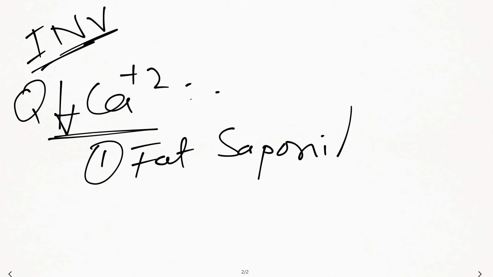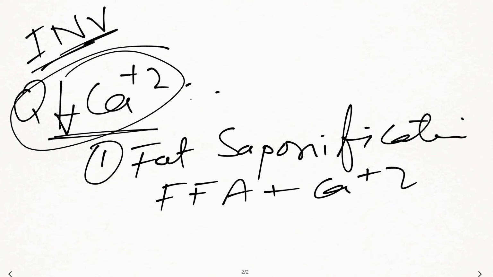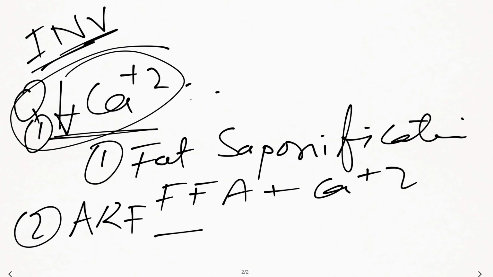As you know, there are free fatty acids that combine with the calcium in saponification, and this reduces the calcium. This is one reason. Another reason: some people may develop acute renal failure, and this will lead to low calcium.